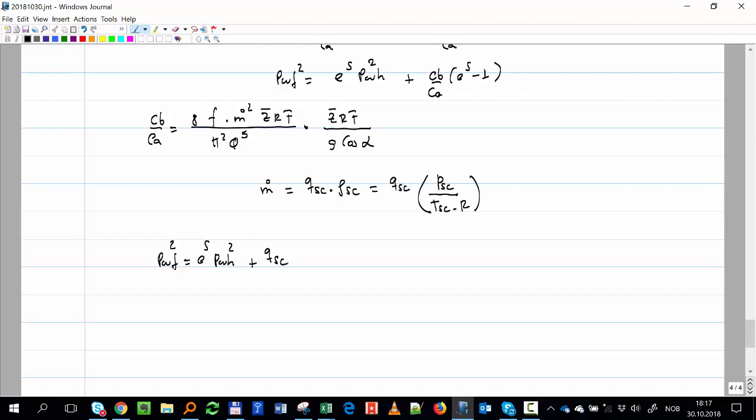QSC, that will be squared. Okay, then I have to be careful. 8F.